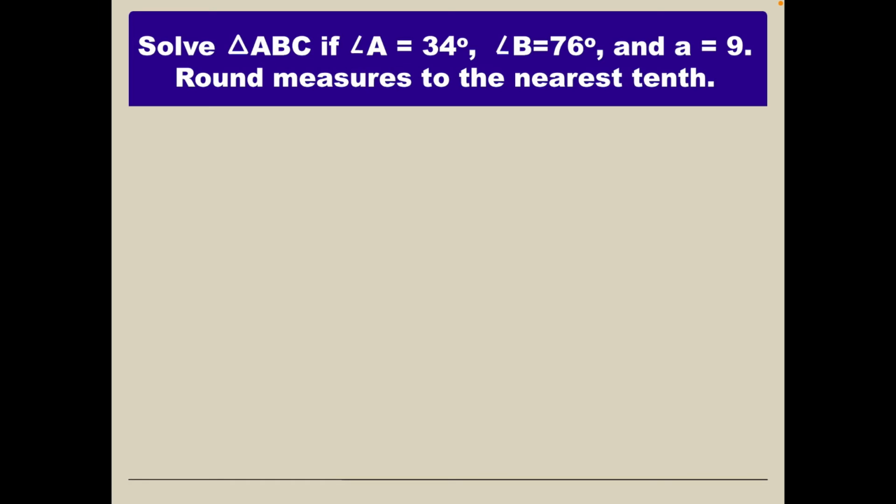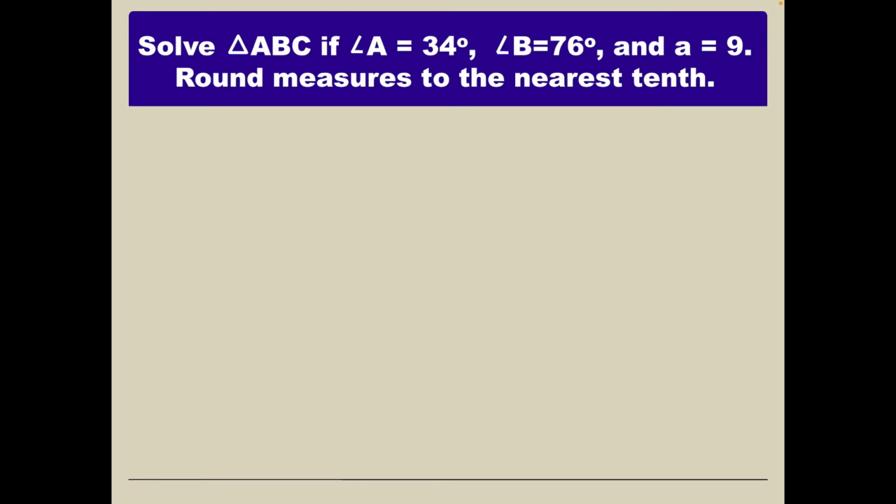So here we have an example. It says solve triangle ABC if angle A is 34 degrees, angle B is 76 degrees, and side a is 9, round measures to the nearest tenth. It does usually help to sketch this out.